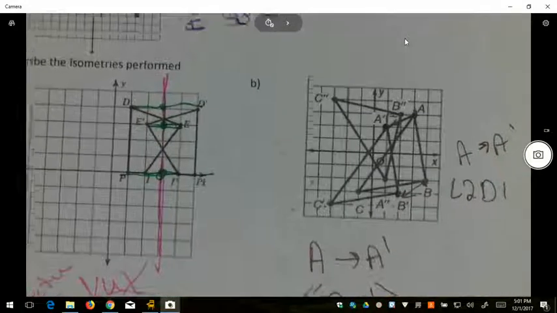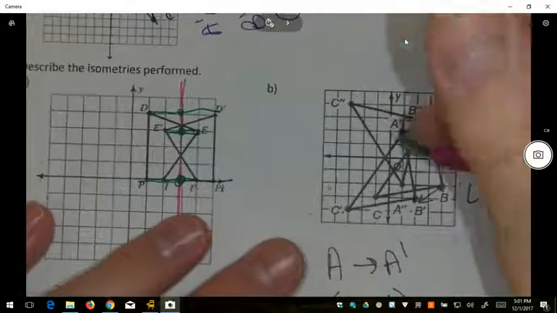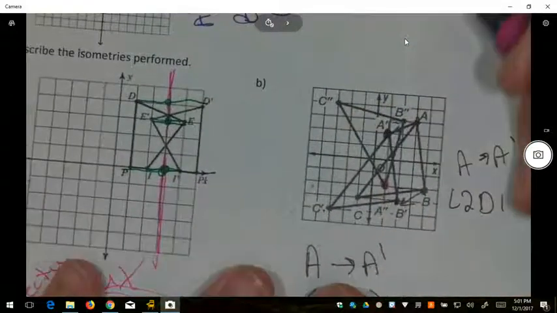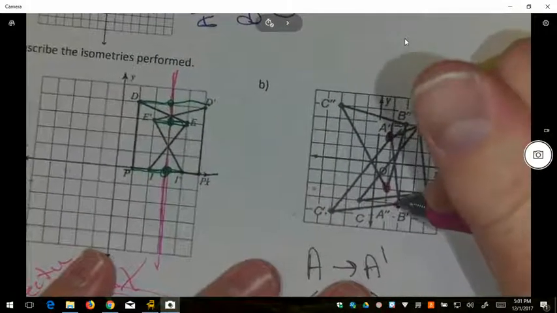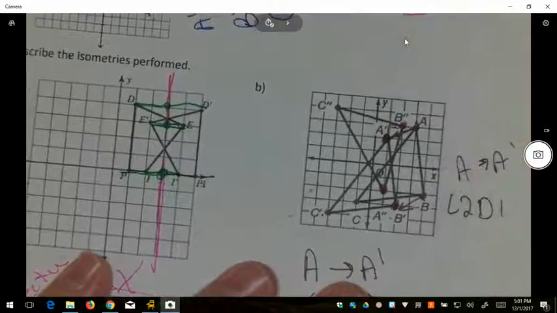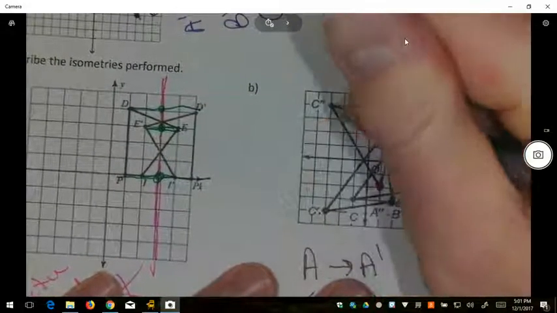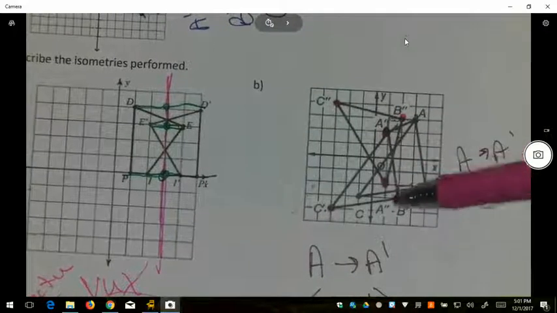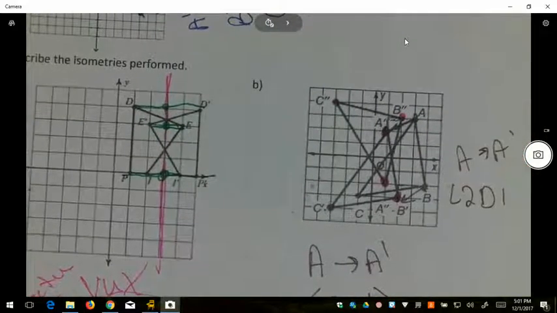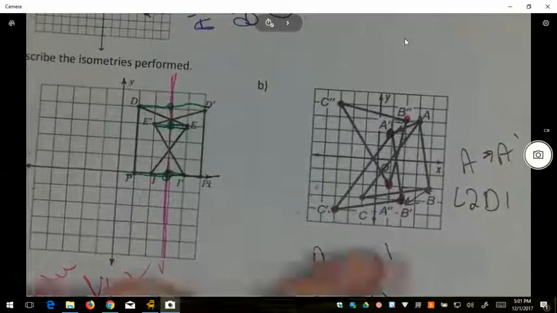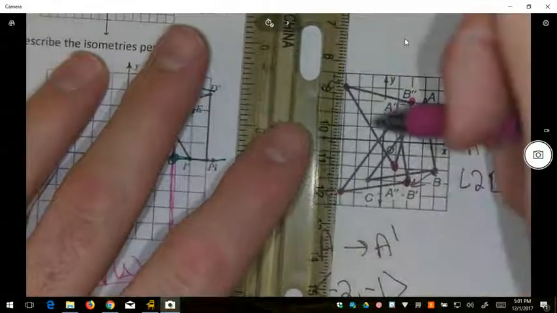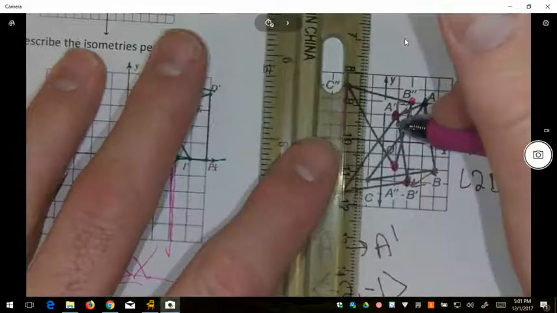Now I'm going to ignore A, B, and C and just look at A prime to A double prime, B prime to B double prime, C prime to C double prime. One went one direction, the other two went up, which is weird, so it's not a translation. They didn't change orientation, they just seem to be above and below each other, which makes me think that it is a reflection.